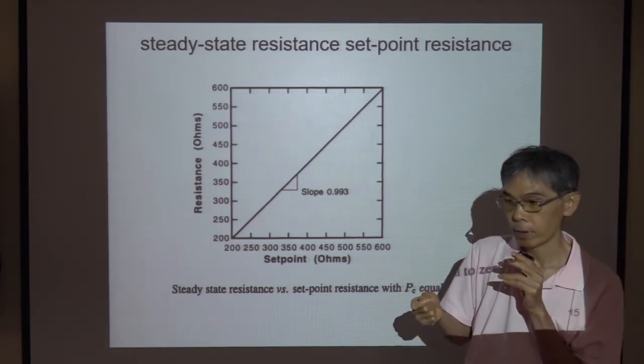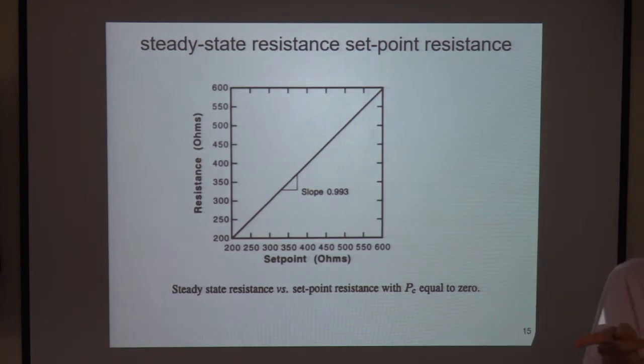I set the T value to be 100. Then your controller will try to reach the goal. Try very hard. So the best case is they should be the same, right? So if they should be the same, what is the slope?